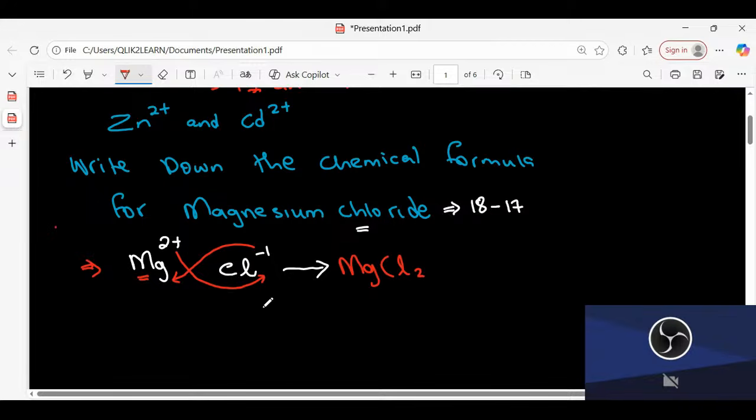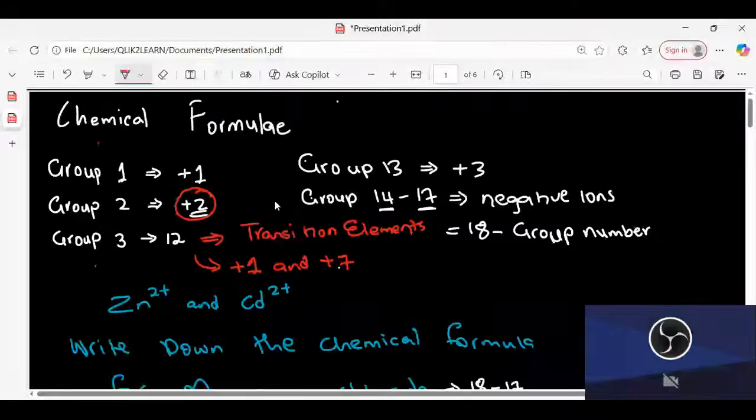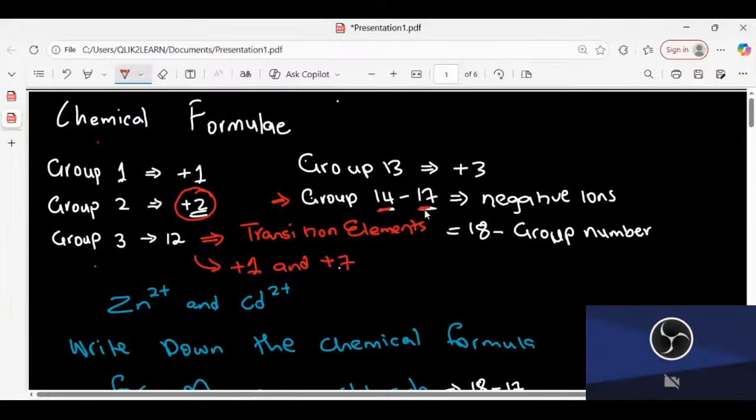Ne? Then we go and check for the chloride, Cl. The chloride is in group 17. Those are between group 14 and 17. They have negative ions. So since they have negative ions, how do we find the charge?